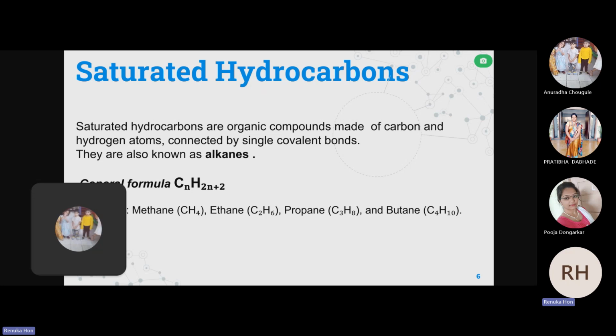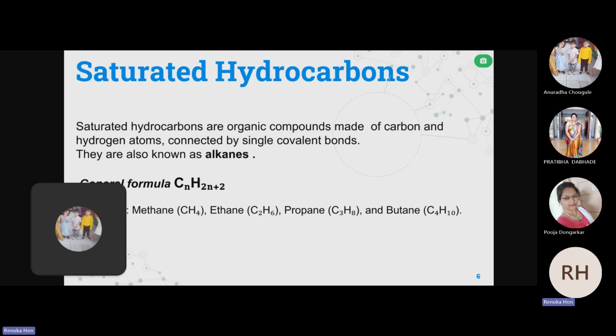That means hydrocarbons in which only carbon-carbon single bonds are present can be called saturated hydrocarbons. For example, alkanes. Alkanes are also called saturated hydrocarbons because alkanes always contain carbon-carbon single bonds.